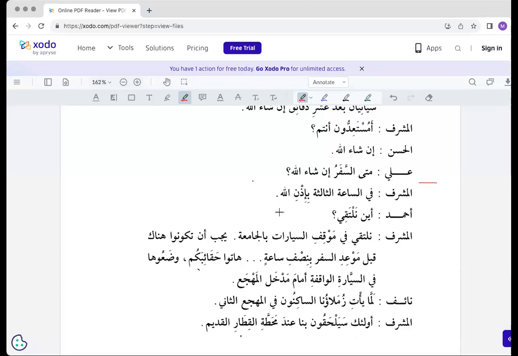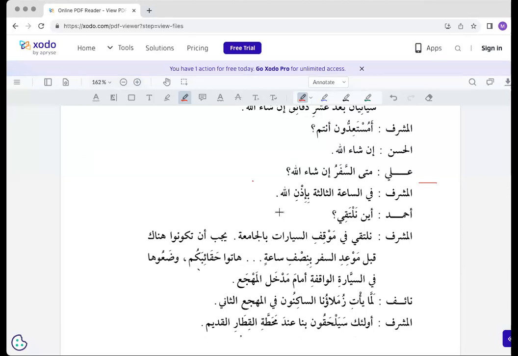Anyone to translate this, inshallah? May I try, Ustad? Sajjad, go ahead. التقي في موقف السيارات في الجامعة. We can meet in the car station at the Jamia.